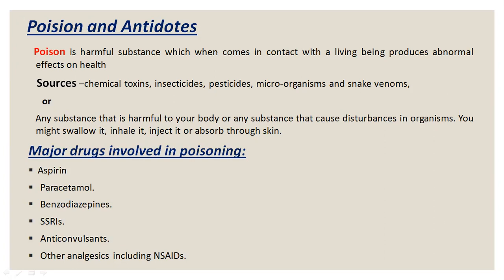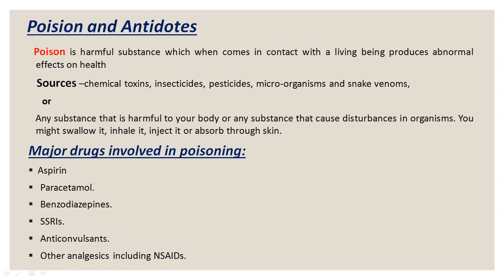So that is nothing but the poisonous substances. Any substance that is harmful to your body or causes disturbances, whether you swallow it, inhale it, inject it, or absorb it through the skin, is a poisonous agent.